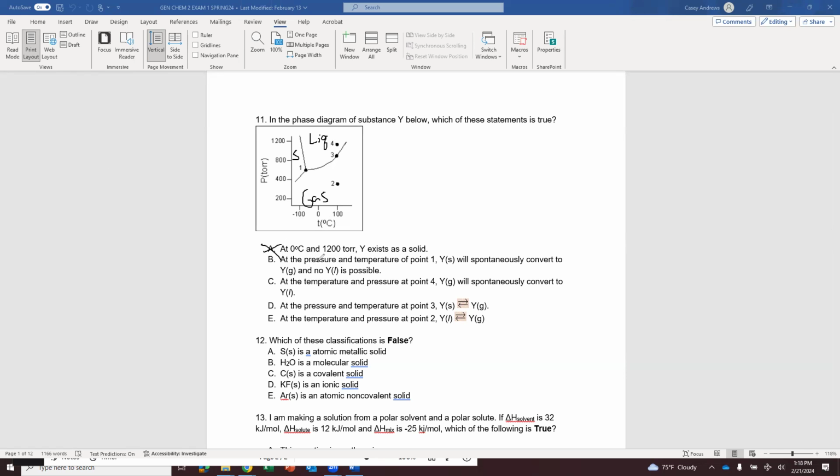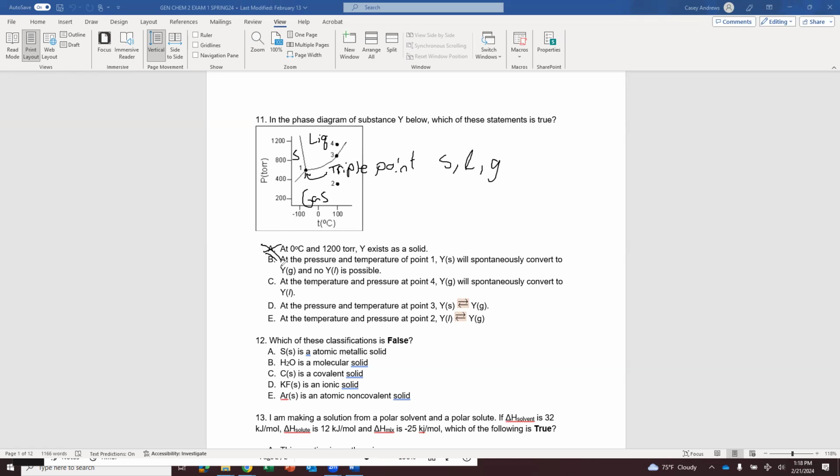At the pressure and temperature of point 1, here's point 1, solid will spontaneously convert to gas and no liquid's possible. Well, you see all three lines are converging here. Remember, this is what we call the triple point. This is where you have solid, liquid, and gas at the same time.